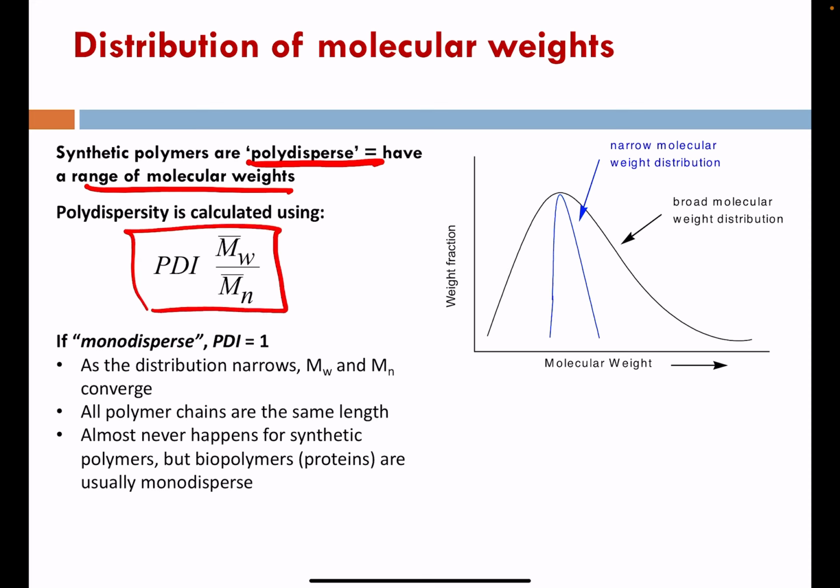Okay, so as said, synthetic polymers are polydisperse, have a range of molecular weights, and we've emphasized PDI to help us understand that. PDI is a measurement of how wide the molecular weight profile is in a regard. So if it is monodisperse, we would have to have Mw equaling Mn to get a value of 1. And as we mentioned, only biopolymers, proteins in yourself, all have the exact same molecular weight because they're made very carefully through evolved biology inside you and me.